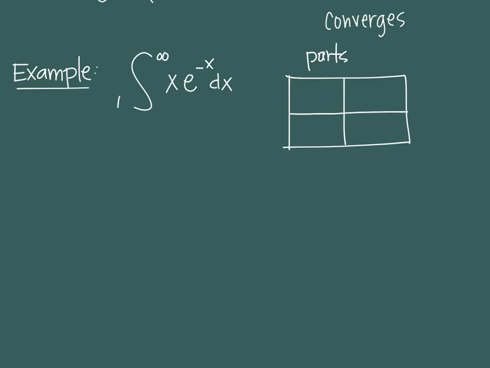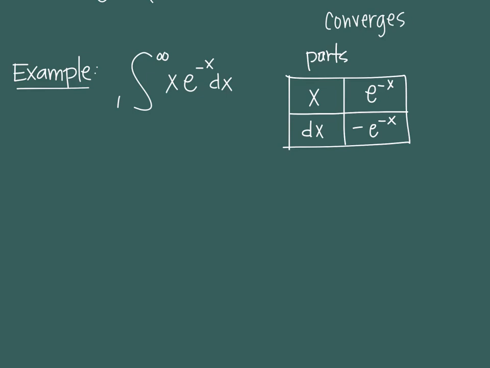All right. So yes, according to LIPET, x is our polynomial, which means e to the negative x is dv. The derivative of x is dx. The antiderivative of e to the negative x is negative e to the negative x. You can do it how you want, whatever works for you.